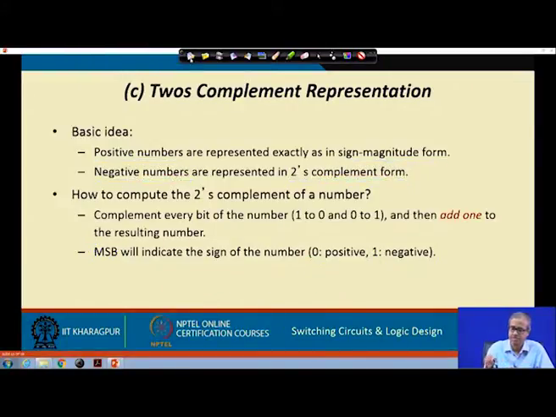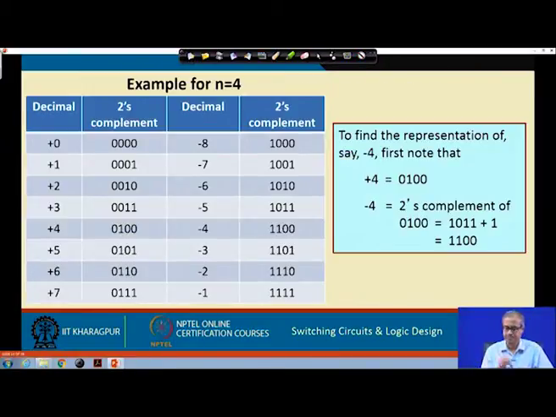Let us see how the representation works. So, again an example for n equal to 4. For the positive numbers it is the same as sign magnitude or 1's complement form, no difference, but for negative numbers there is a difference. Let us again take the example of minus 4, plus 4 is 0 1 0 0. So, when you want to represent minus 4, we have to take the 2's complement of plus 4, which is 0 1 0 0.